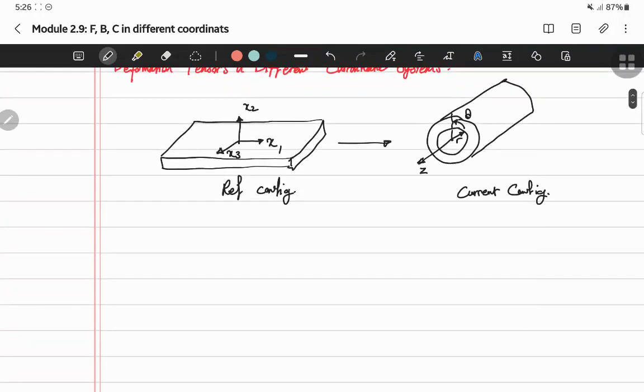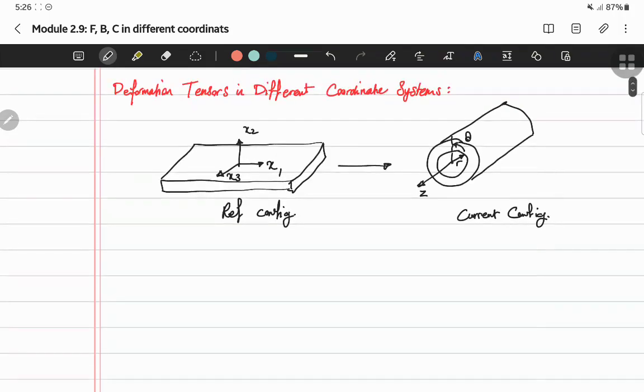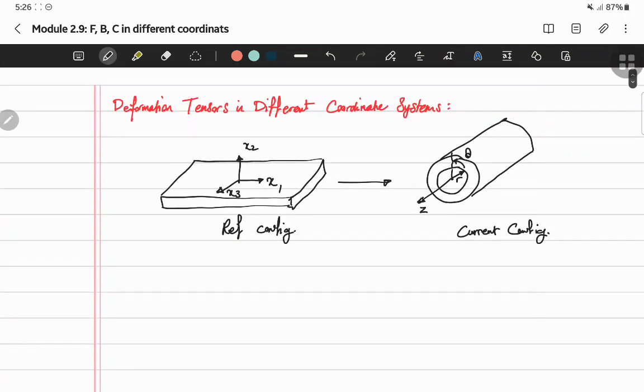Or this could be spherical coordinate. So you have spherical coordinate in the reference configuration, and then, for example, a cylindrical coordinate in the current configuration. So you need to establish the appropriate relation for the deformation tensor and for the left and right Cauchy strain tensors.